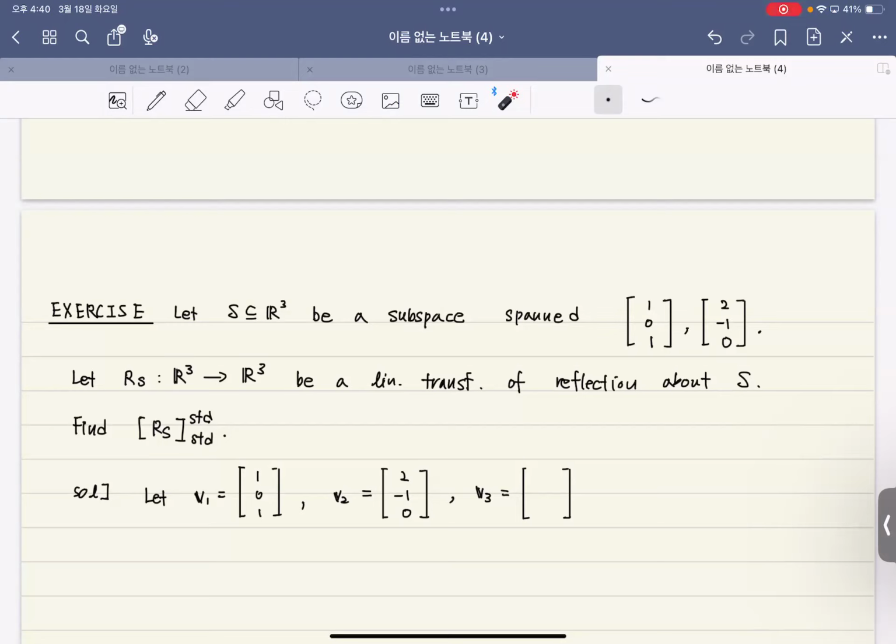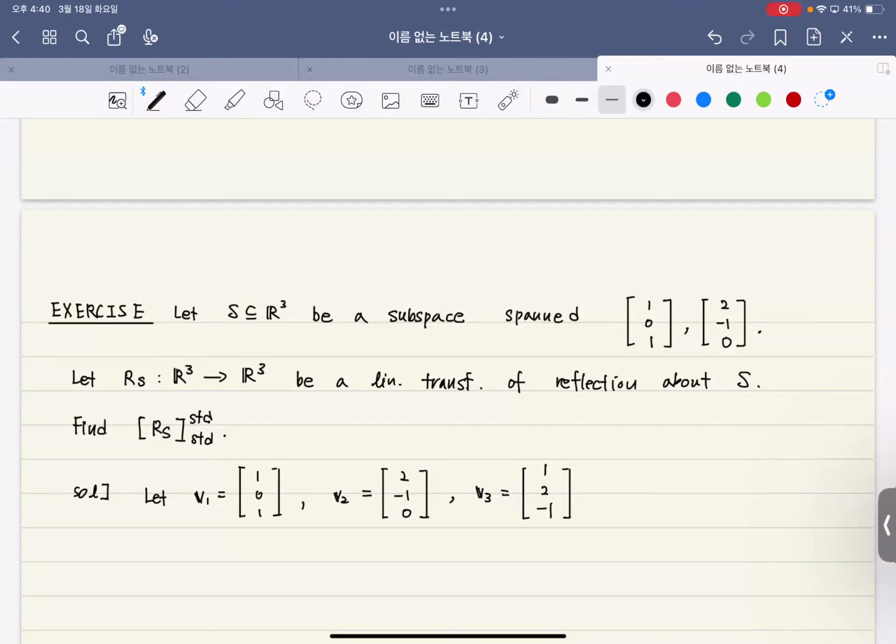If you have attended the multivariable calculus course, then you know how to find a cross product of two three-dimensional vectors. The cross product of two vectors is simultaneously perpendicular to those two vectors. So I took a cross product of these two vectors. If you do not know how to do a cross product, then just try to find another vector orthogonal to V1 and V2.